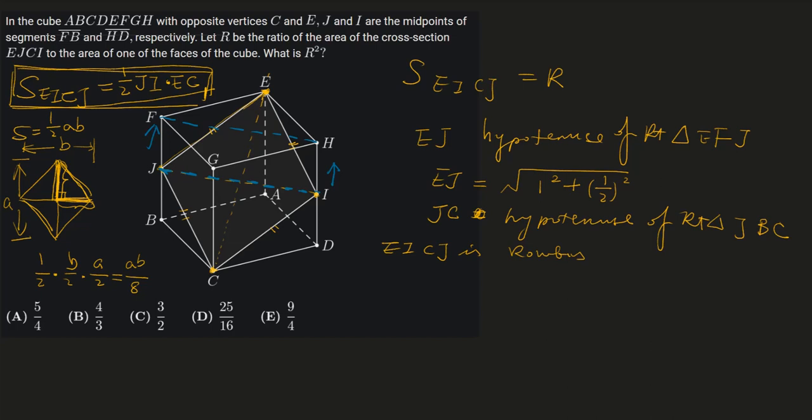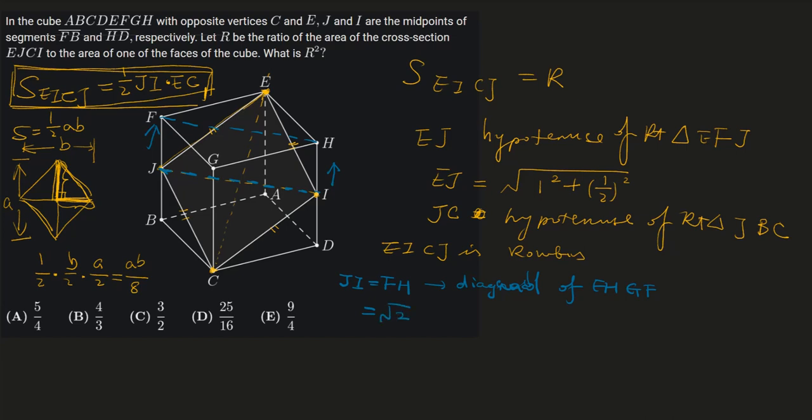So JI equals FH, and FH is the diagonal of EHGF. That's the top face of this cube. Of course, that's a square. Therefore, this quantity equals square root 2.